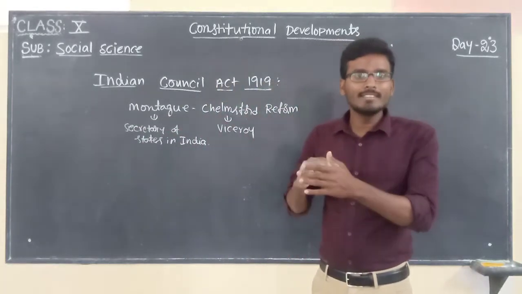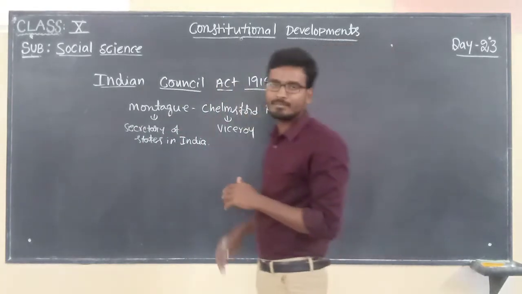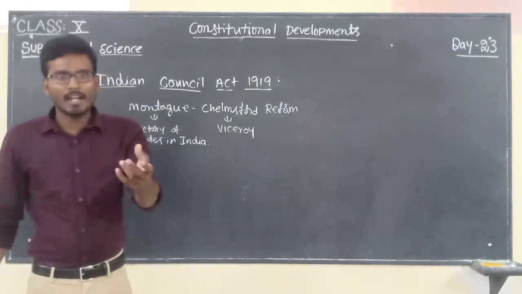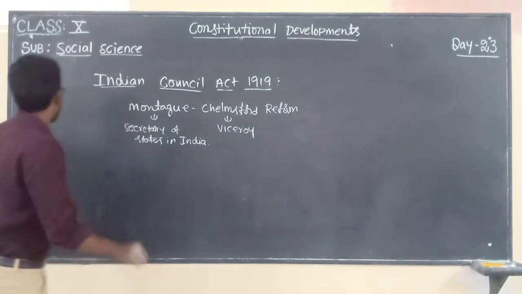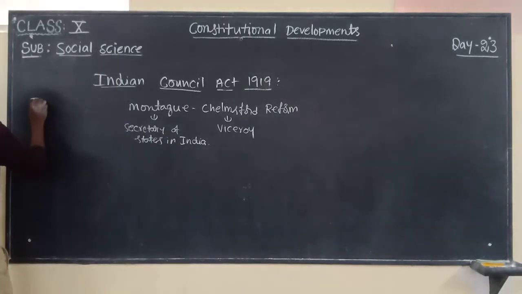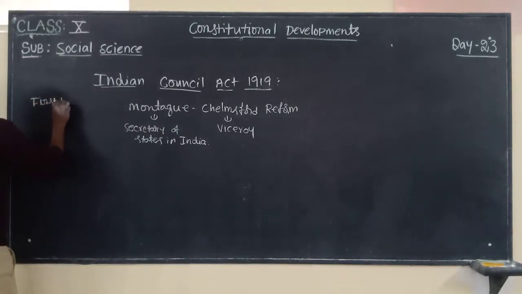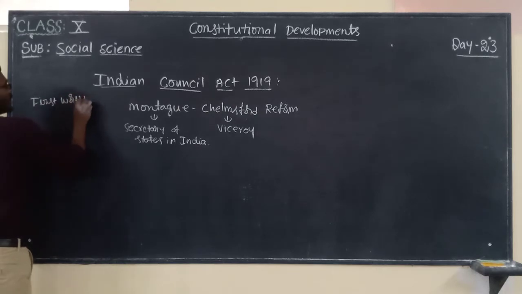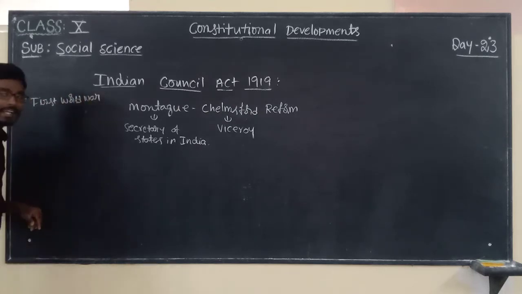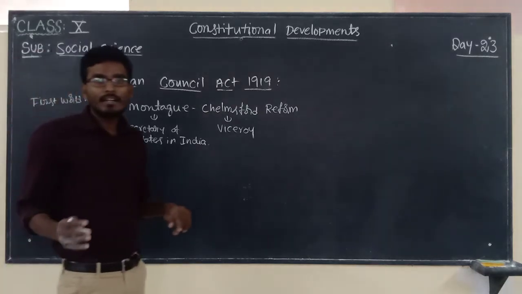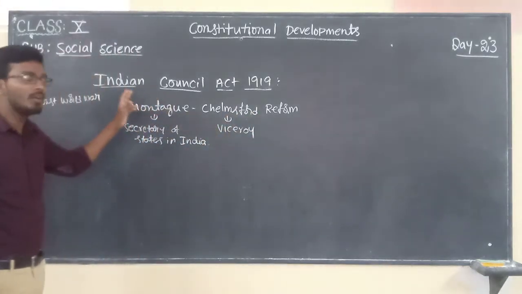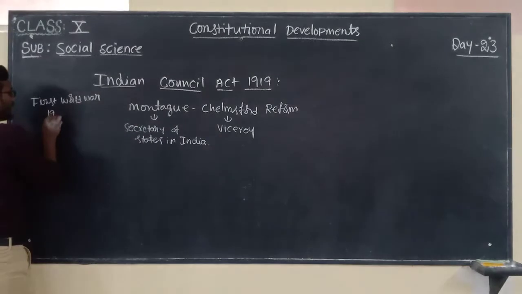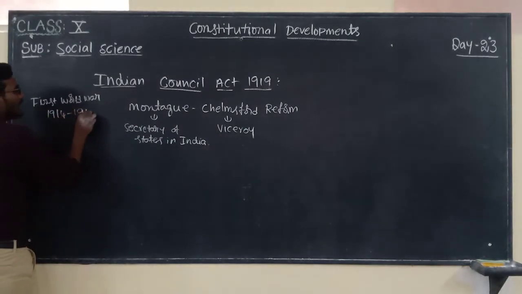Okay. So what is the backdrop of this act? Indians actively participated in the First World War on behalf of the British. The First World War duration was 1914 to 1918.